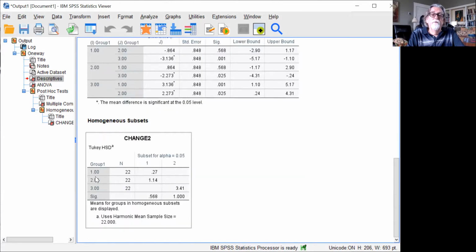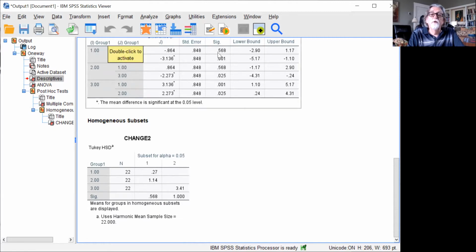Now, if some of the groups are similar to each other, they'll show up in this homogeneous subset here. In fact, what it shows is that although there are differences, there are no significant differences between groups 1 and 2.